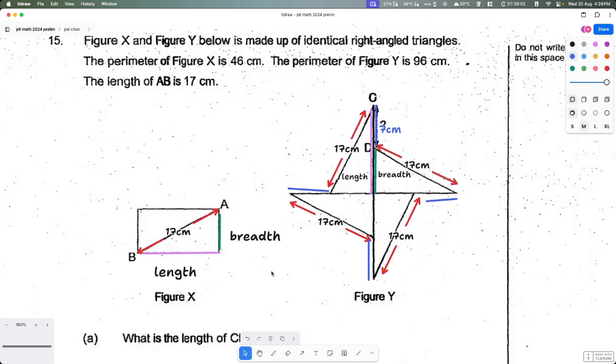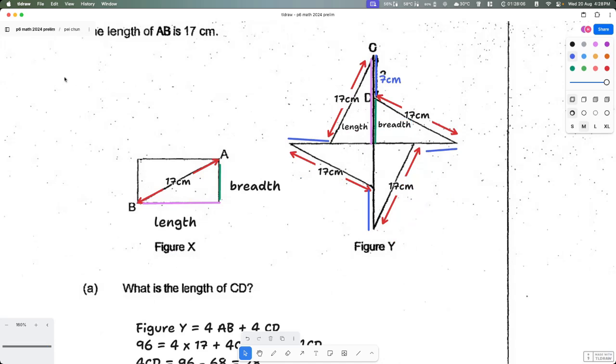Let B be the breadth, so the length is equal to B plus 7.